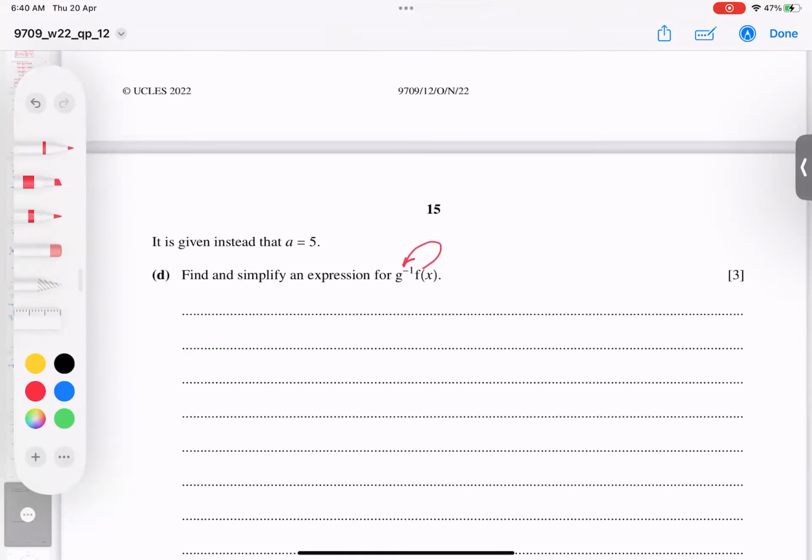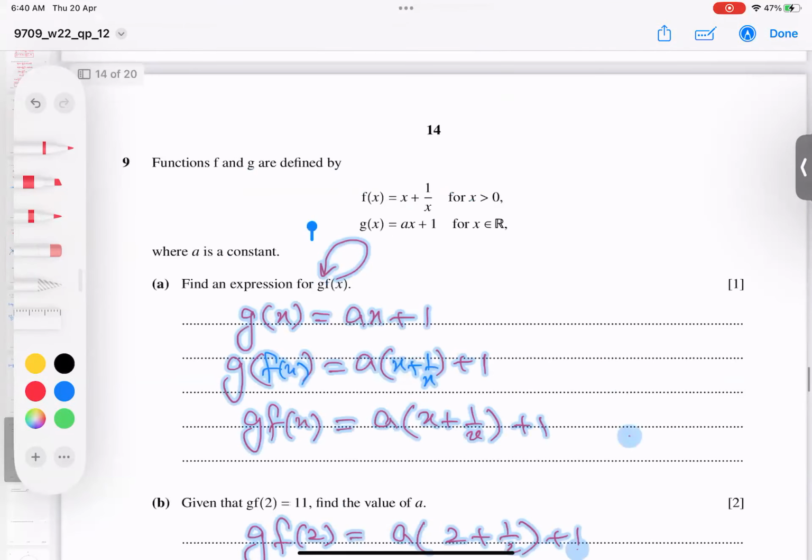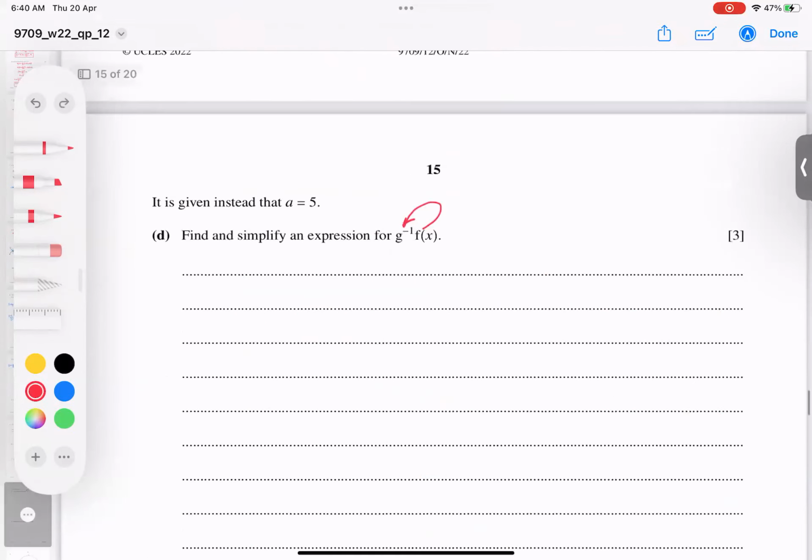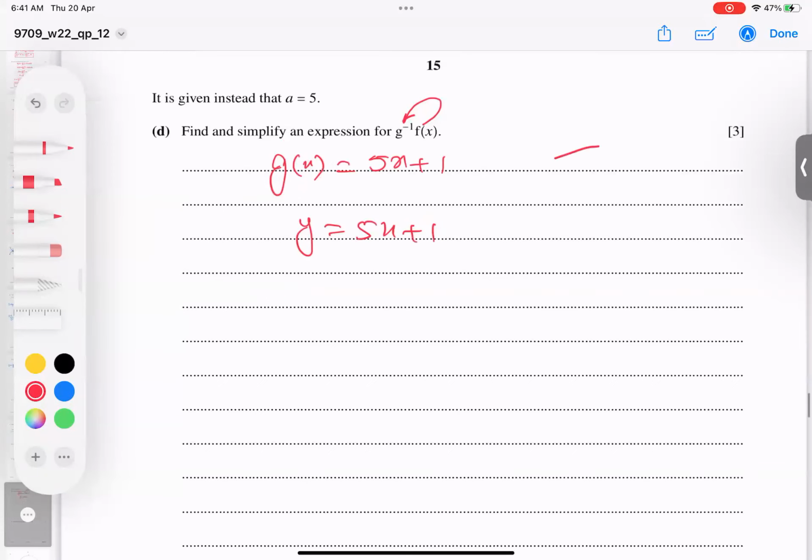So first job number 1, find g inverse. What is function g? g of x is equal to ax plus 1, so 5x plus 1. Why? Because a value is 5. So all of you are familiar with how to find the inverse of this function. So let's start. Job number 1, say y equals 5x plus 1. Try to make x the subject.